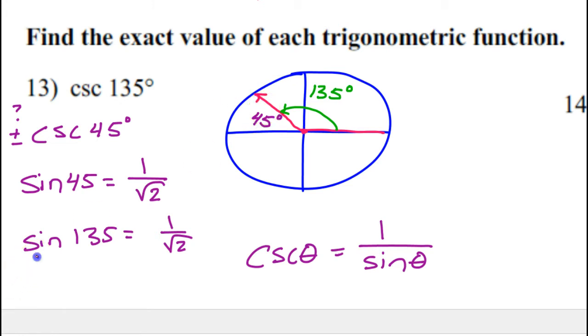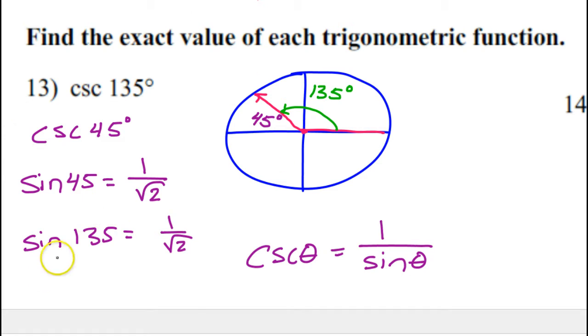Now remember that sine is a y value on a unit circle. So in the second quadrant, the sine function is positive because y values are positive above the x-axis. So the sine of 135 degrees is positive 1 over radical 2, which means that the cosecant will also be positive.